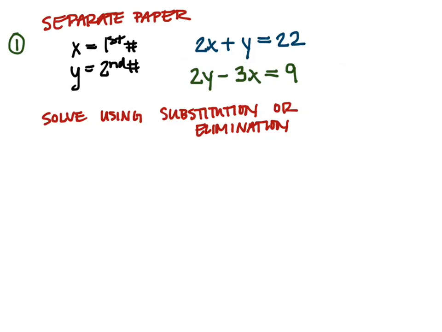And solve using substitution or elimination. Now in this case, I might want to use substitution, or I could rearrange this fairly easily by swapping these two. And if I swap those, I would find myself in a good position to eliminate. So a couple of different options there on if you're doing substitution or elimination.